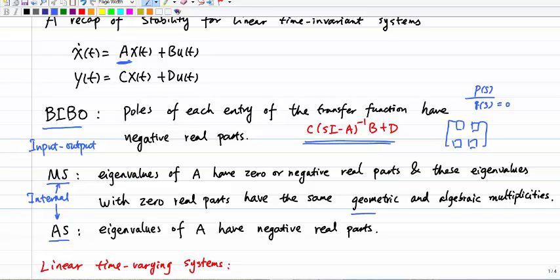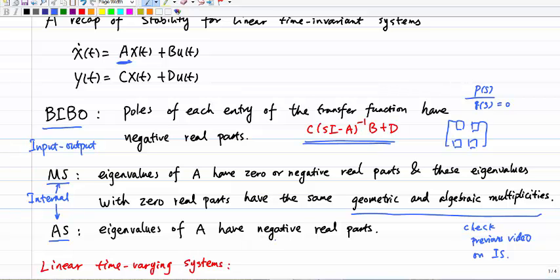For the definitions of algebraic and geometric multiplicity, you can check my previous video. For asymptotic stability, we need to verify that the eigenvalues of A have negative real parts.